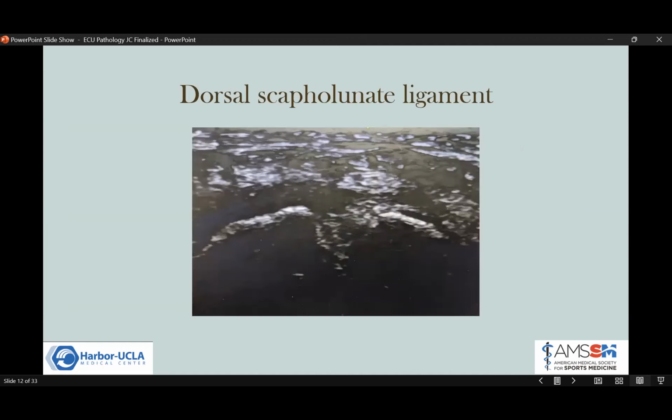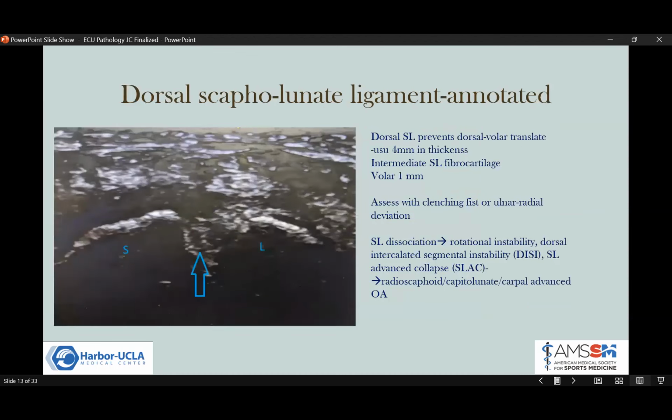The next area scanned was the dorsal scapholunate ligament here. And here I have it labeled. The scaphoid bone on the left, the lunate bone on the right. And then you have the dorsal scapholunate ligament pointed to with the arrow. So normally the dorsal component of the scapholunate ligament is about 4 millimeters thick.